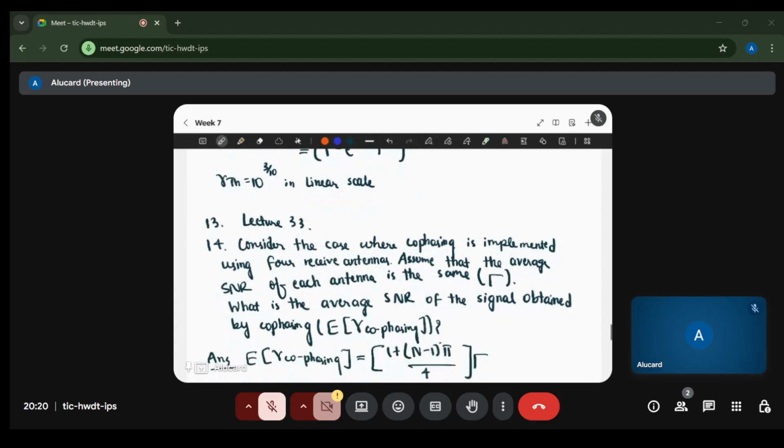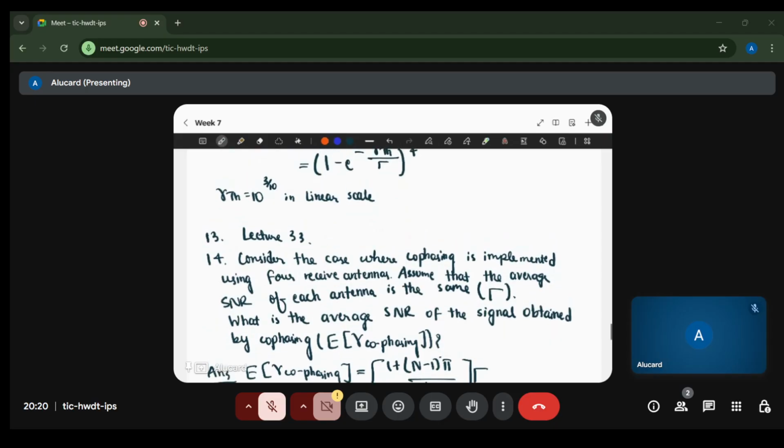Question 14. Consider the case where co-phasing is implemented using 4 receive antennas. Assume that the average SNR of each antenna is the same, capital Gamma. What is the average SNR of the signal obtained by co-phasing? That is expected value of gamma co-phasing.